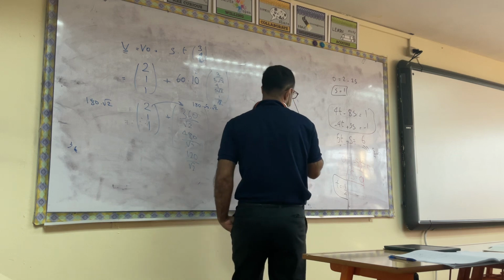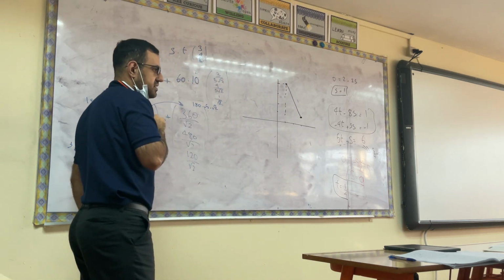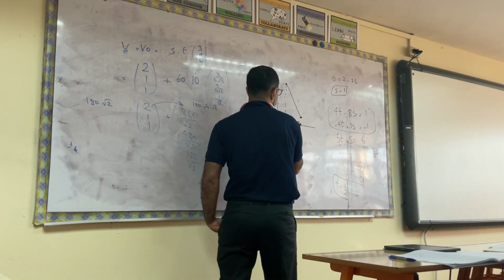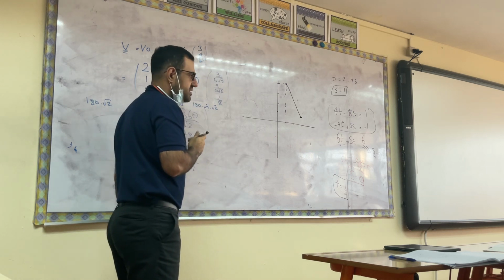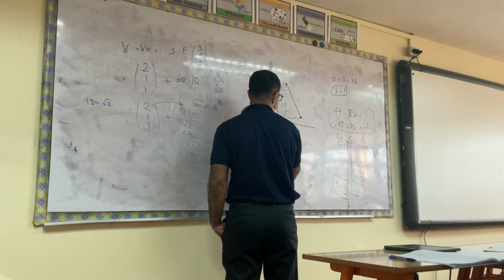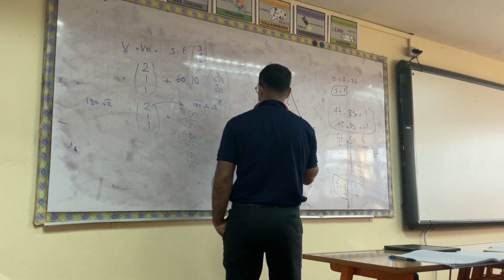So now I want you to check what's happened from this to this. Do you remember the translation? Move to the left. How many points do I move to the left? Two to the left and then 3 up.